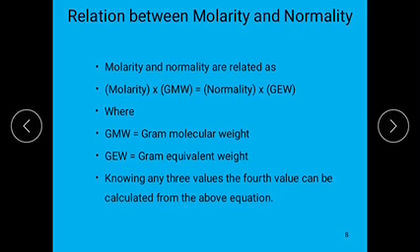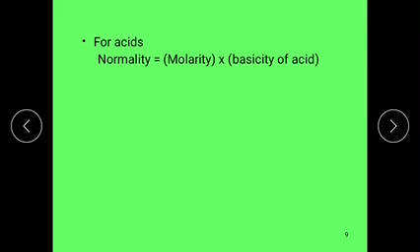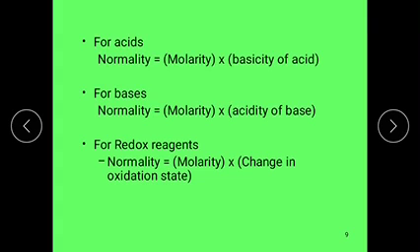Knowing any three values, the fourth value can be calculated from the above equation. For acids, the normality equals molarity into basicity of acids. For bases, the normality equals molarity into acidity of base. For redox reagents, normality equals molarity into change in the oxidation state.